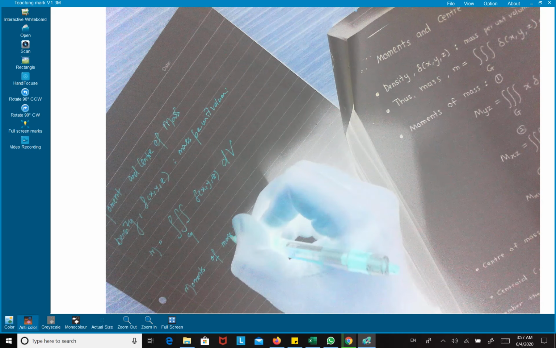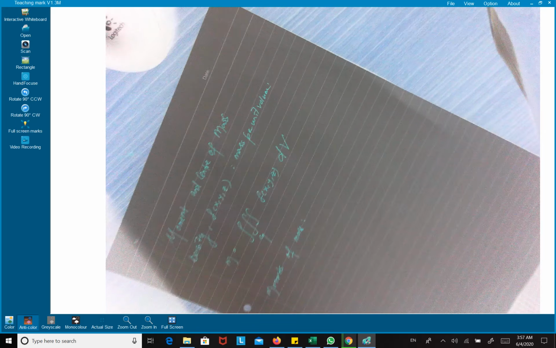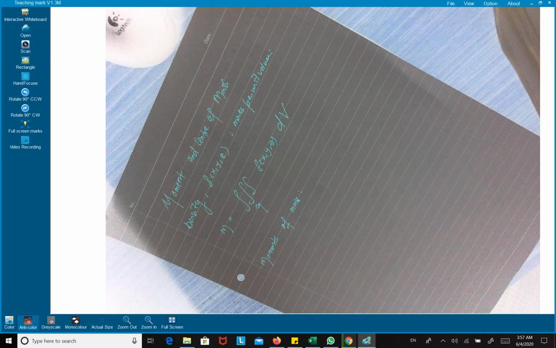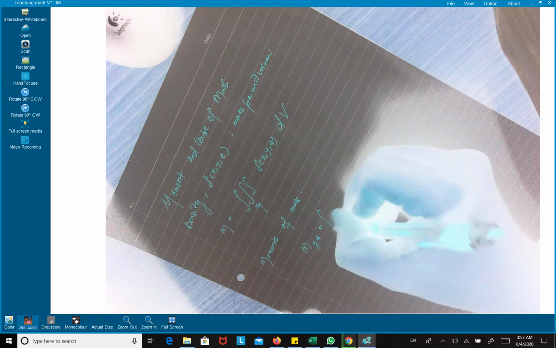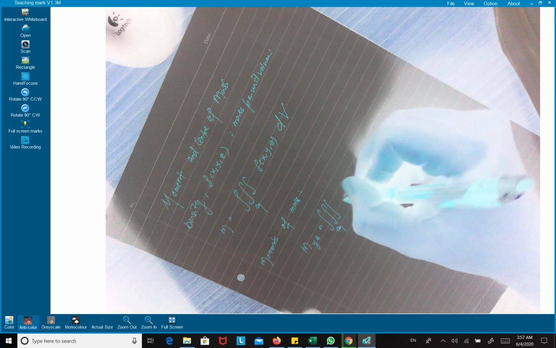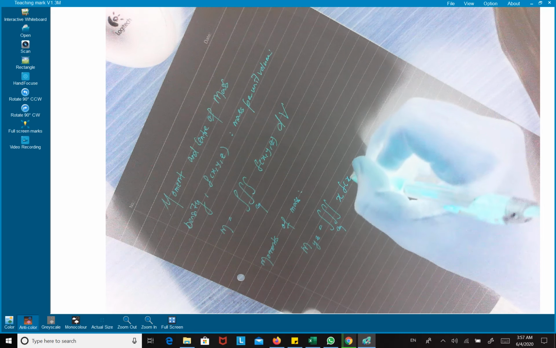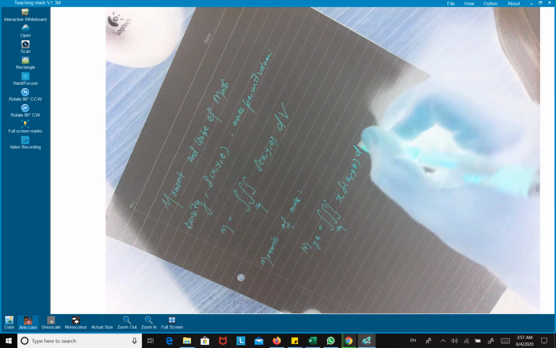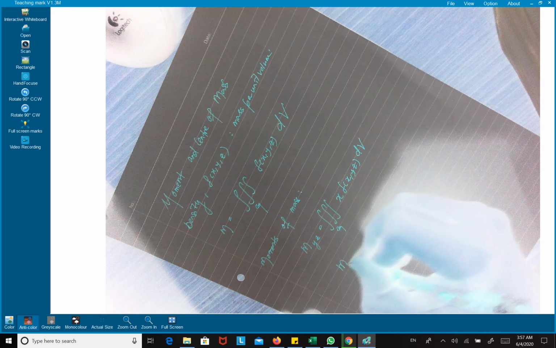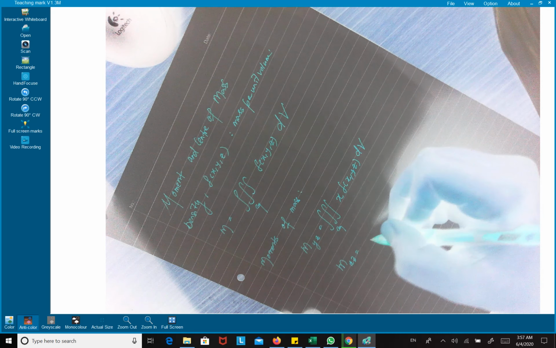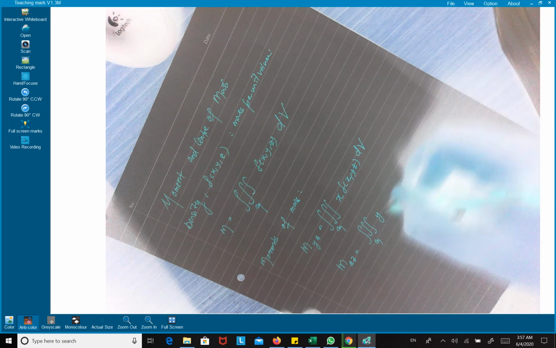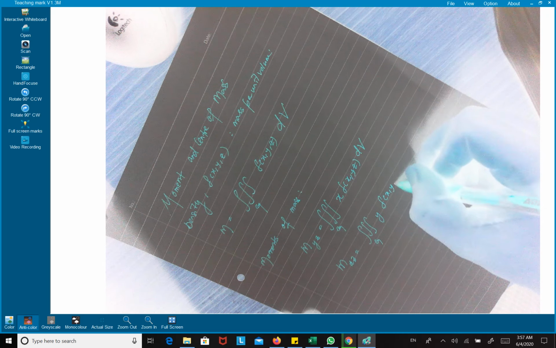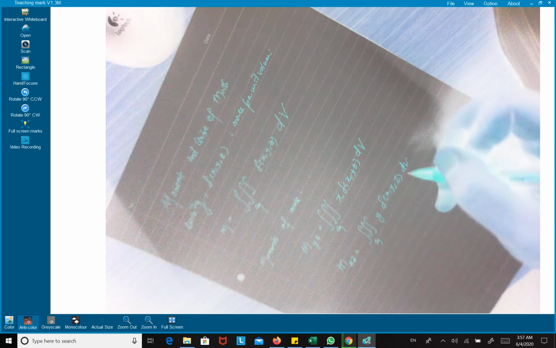Will be moment at yz will be triple integral G x times the density dV. Okay, so moment xz will be triple integral G y times the density dV.